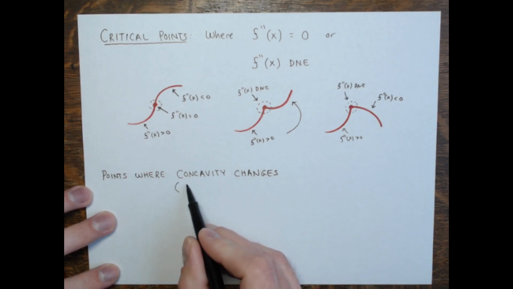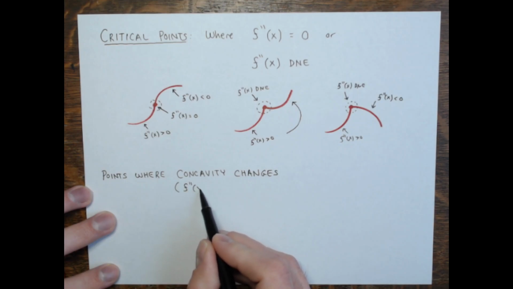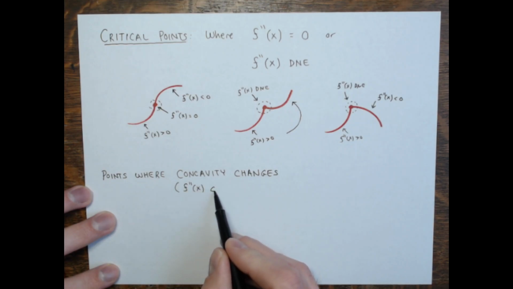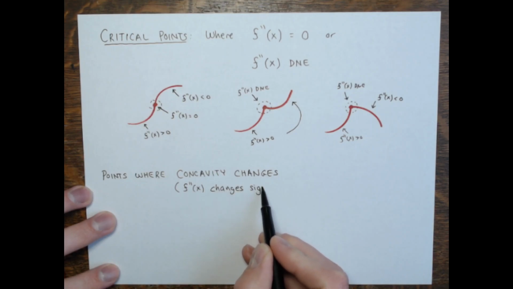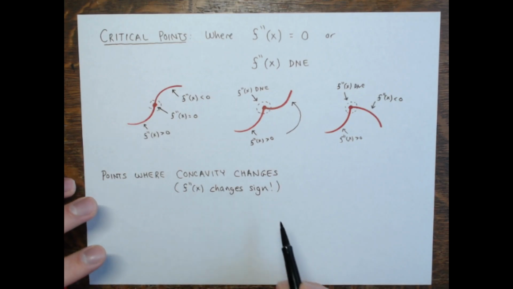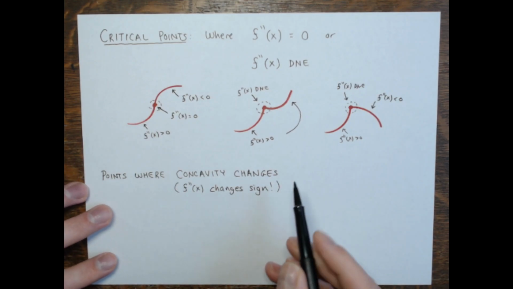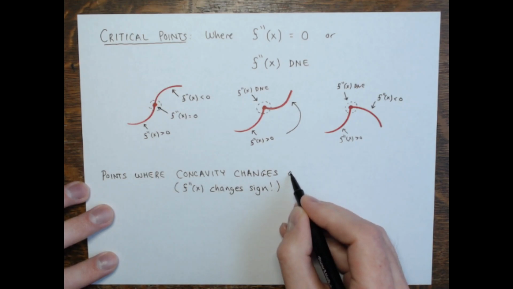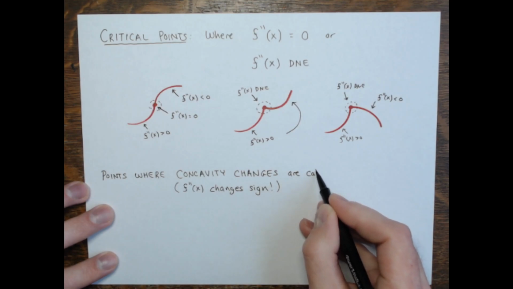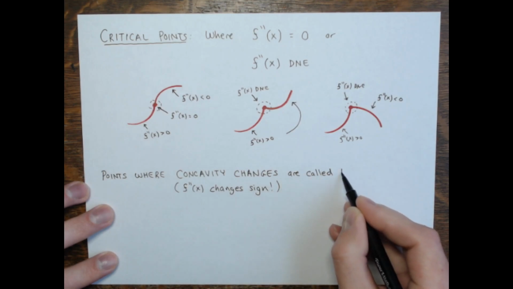So another way to think about that is the second derivative, f double prime, changes sign, right? Goes from positive to negative or negative to positive around that point. Points where concavity changes, where f double prime changes sign, are going to be called inflection points.